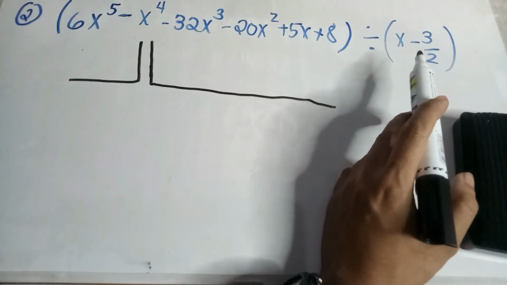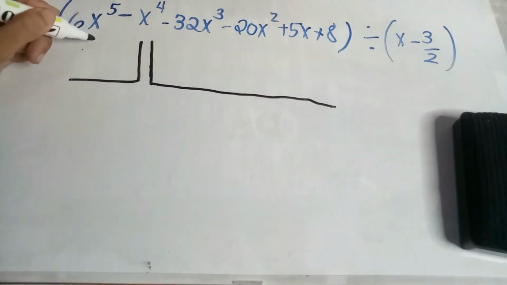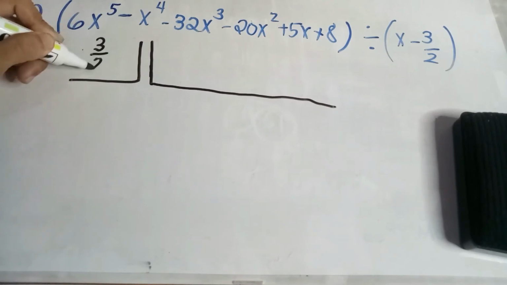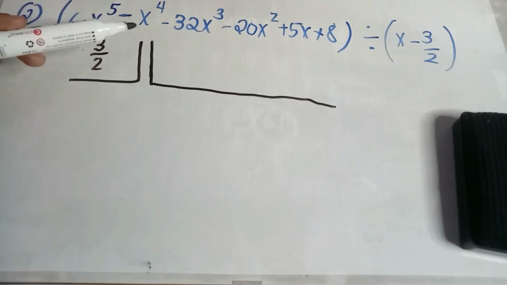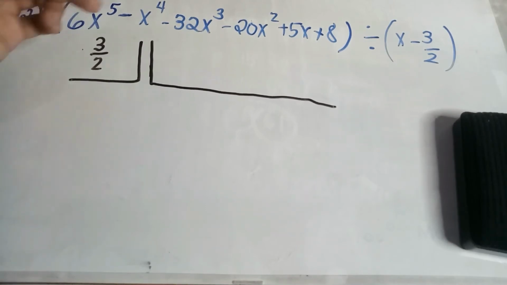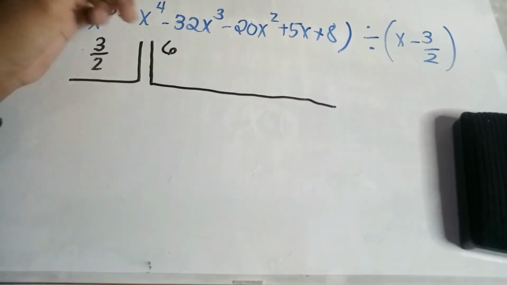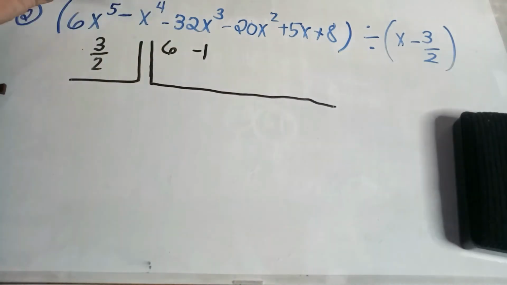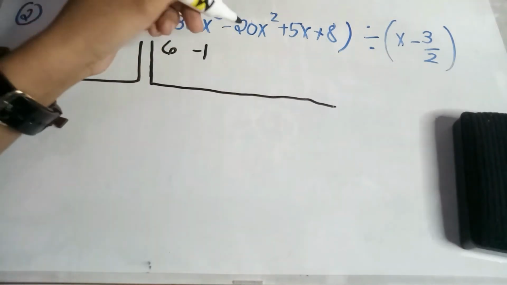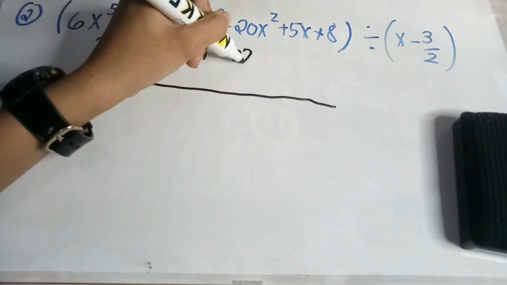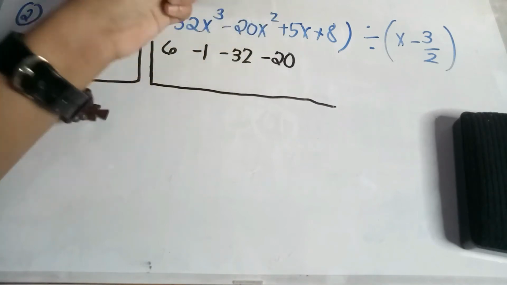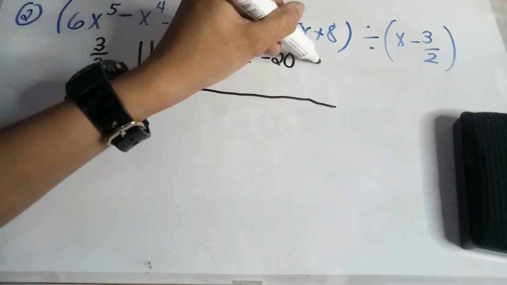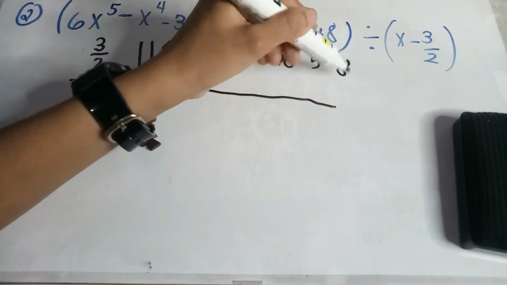So we have positive 3 over 2, positive 3 halves. Then get the numerical coefficient of each term. So we have 6, then negative 1, then negative 3, then negative 20, positive 5, and then last is 8.